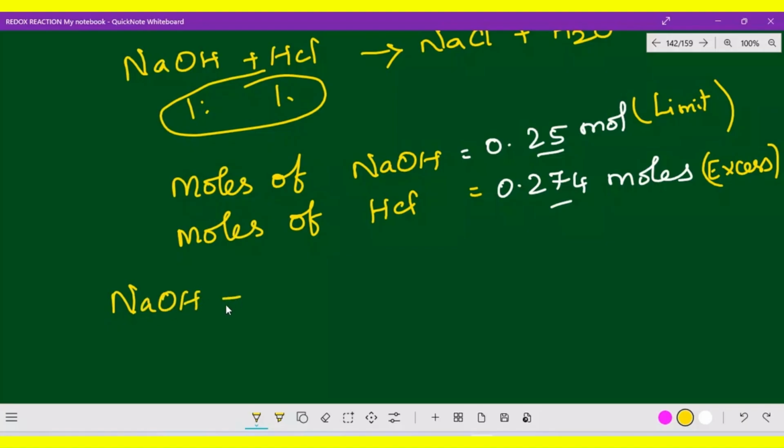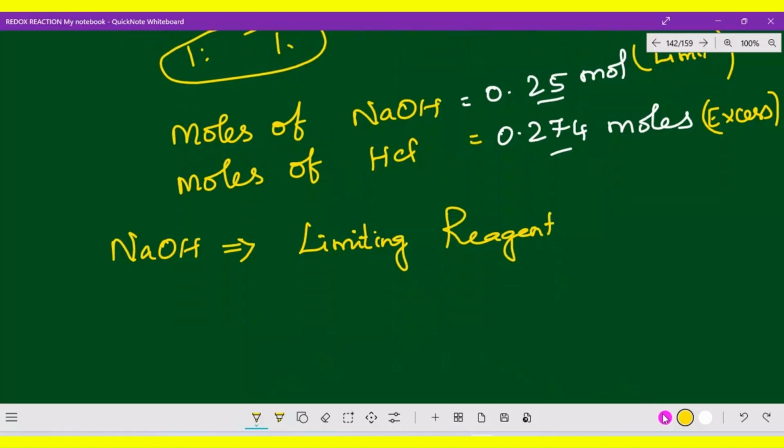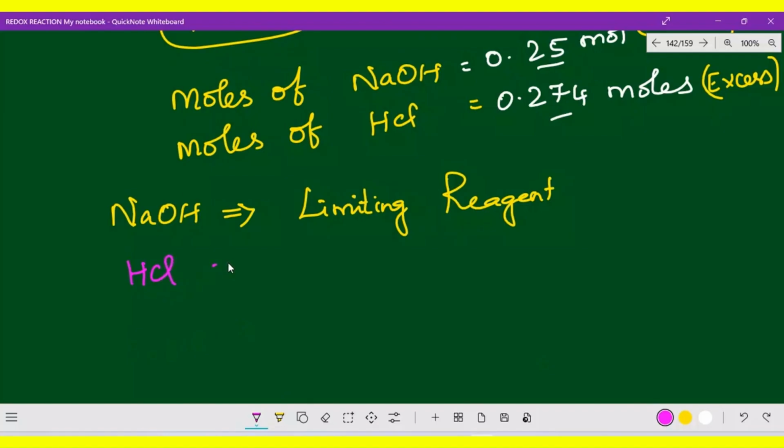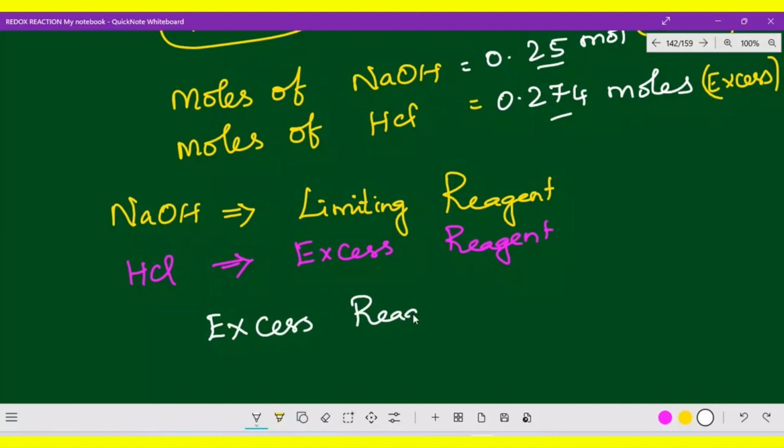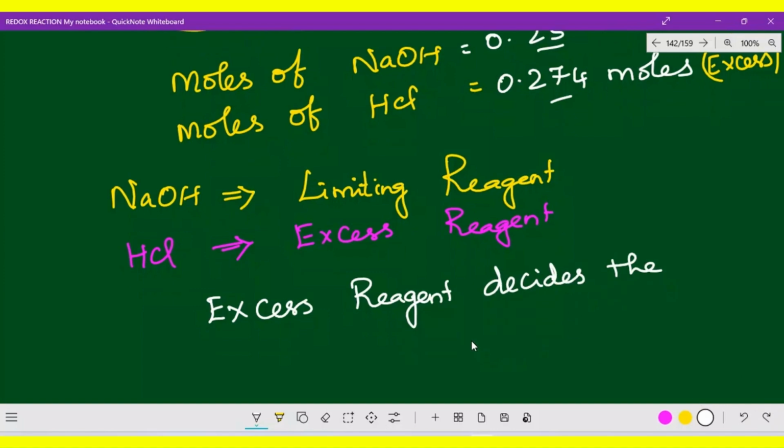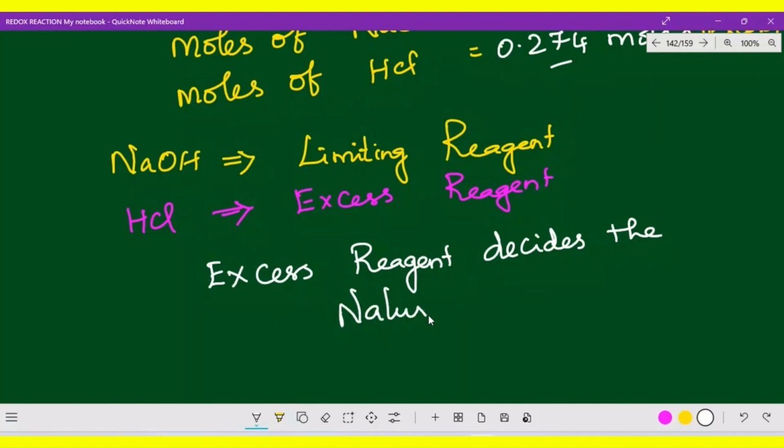Sodium hydroxide is the limiting reagent, and HCl is the excess reagent. The excess reagent only decides the nature of the solution.